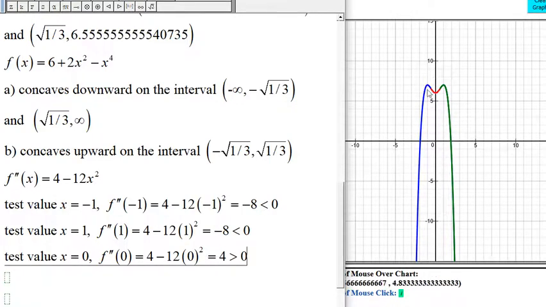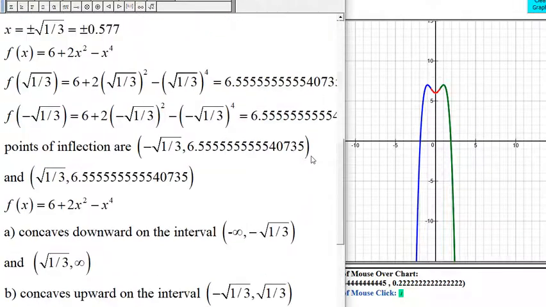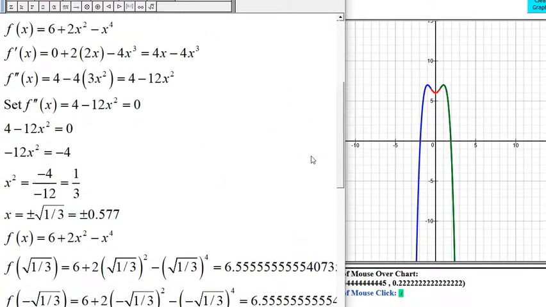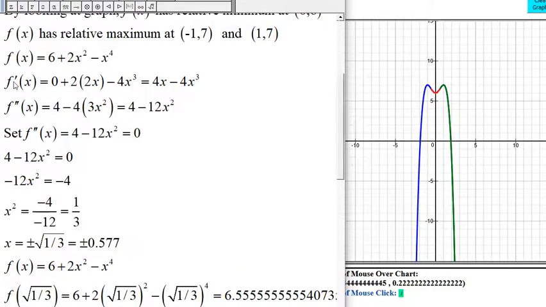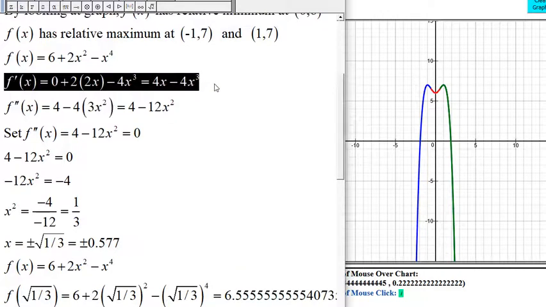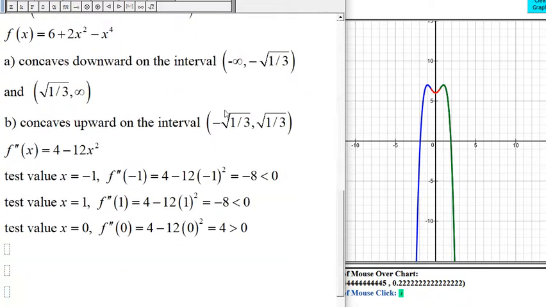And now let's also find the relative maximum and the relative minimum. And recall that to find the relative maximum, the relative minimum, we would set the first derivative equal to 0. So here's the first derivative.